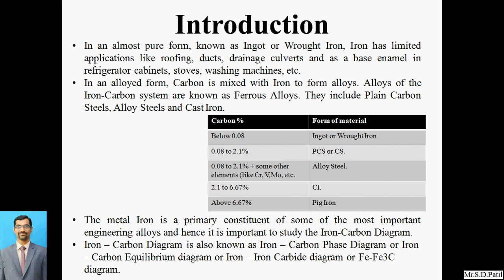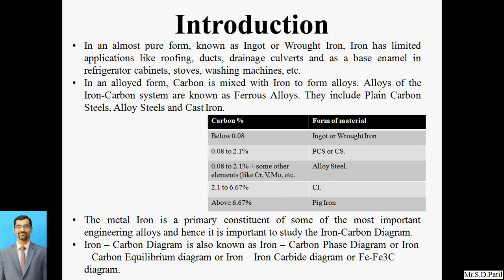So these are some of the different applications of iron, which are very limited.